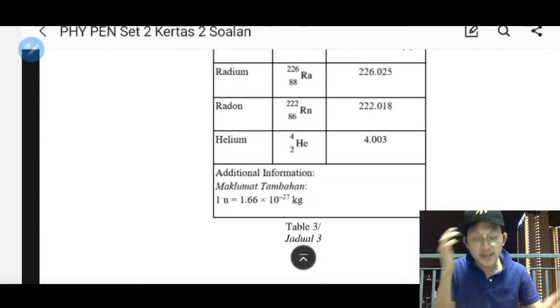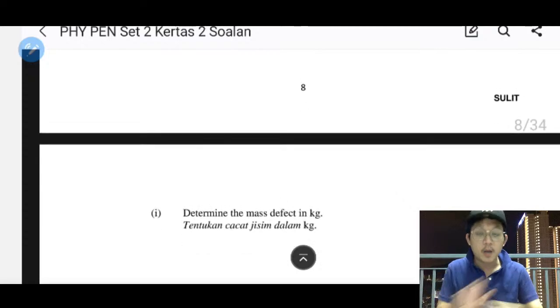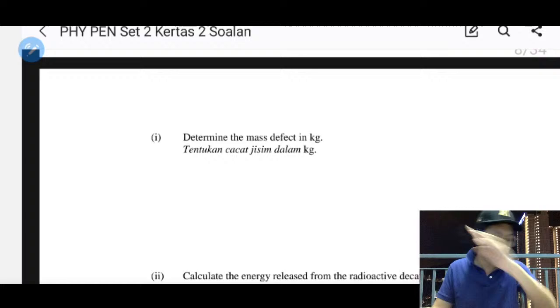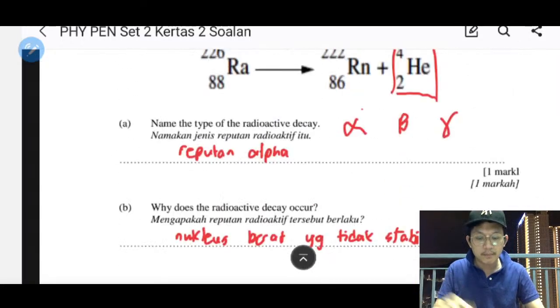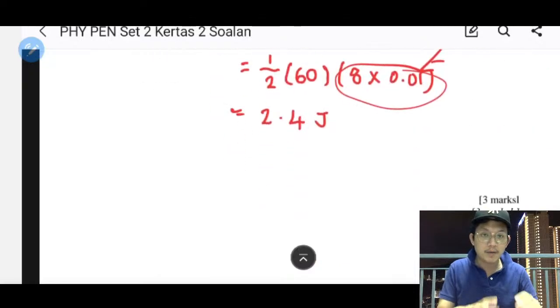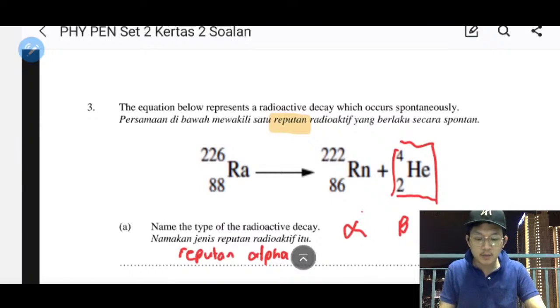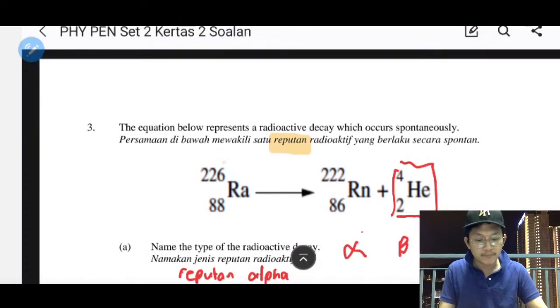First one, it has already guided you through calculate the mass defect. Okay, dalam nukleus always yang kat depan itu adalah lebih berat daripada jumlah kat belakang.